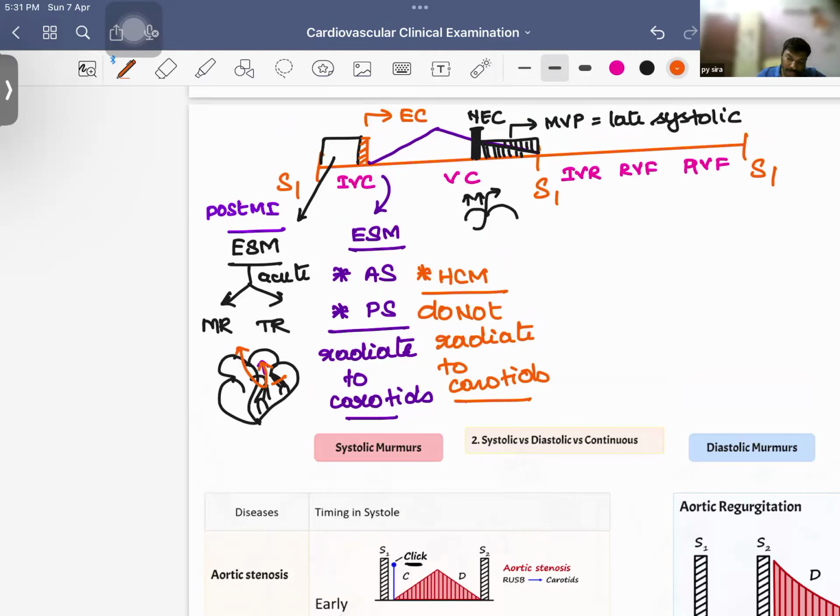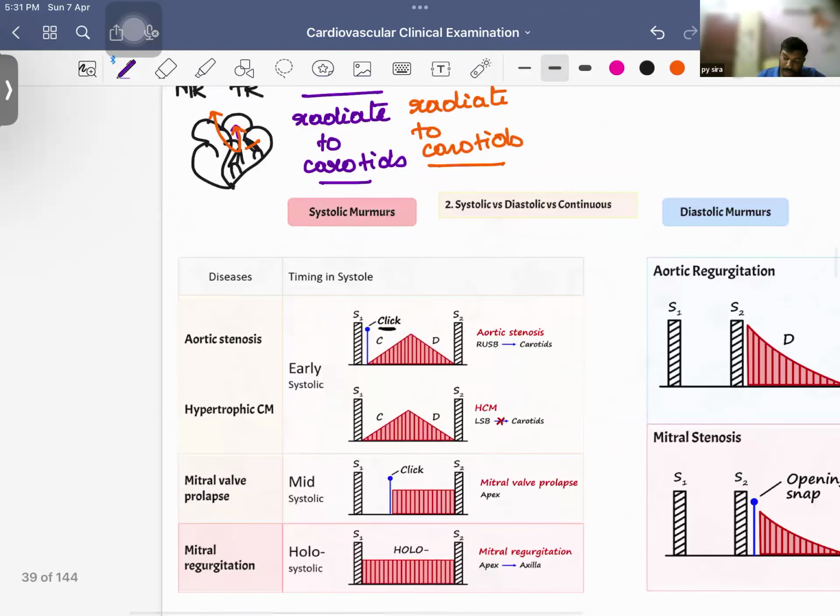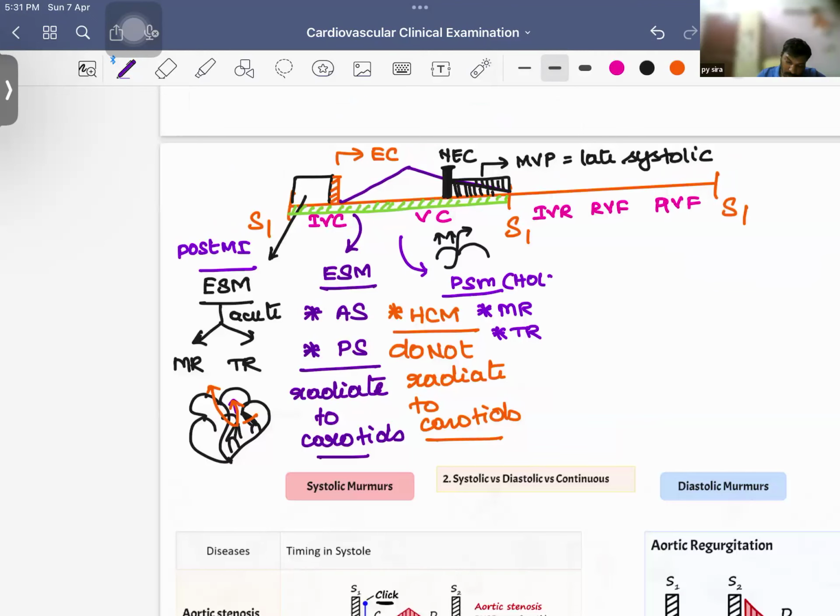Because of this, all through the systole, the patient is going to have a murmur. So it is a pansystolic murmur, seen in mitral regurgitation and tricuspid regurgitation, which is also called a holosystolic murmur, all through the systole.